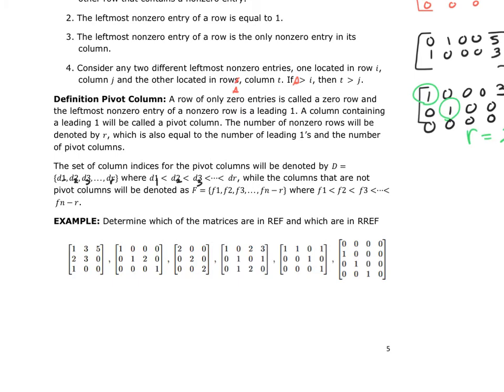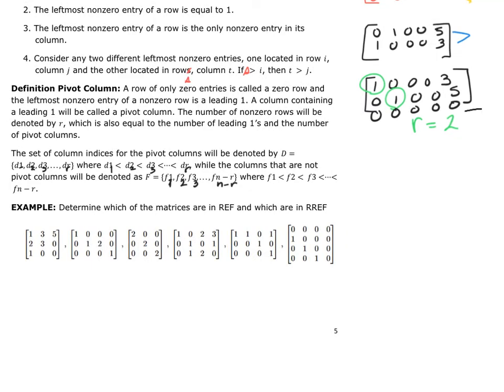And so D sub R must be the largest, like the largest row, if you want to think of it that way. And the columns that are not pivot columns will be denoted as Fs: F sub 1, F sub 2, F sub 3, up to F sub n minus R. In this example over here, this is F sub 1 because I have one column that does not have a pivot in it.